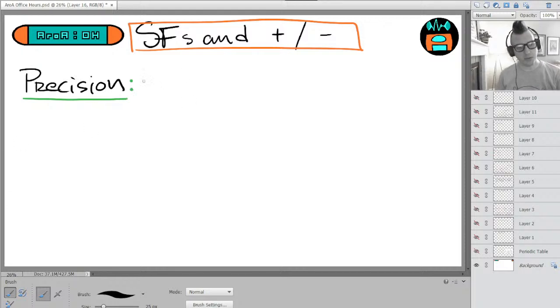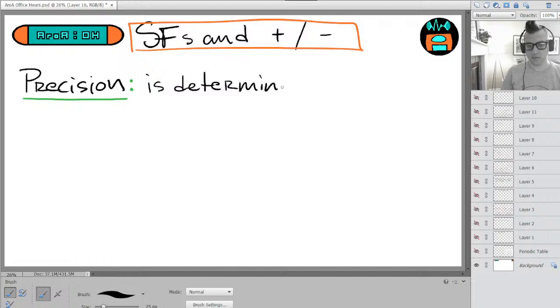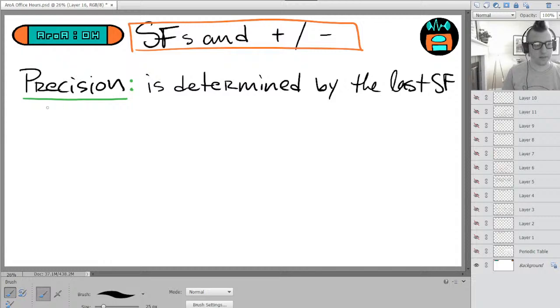All right. And precision, the precision of a number, is determined by the last significant figure in the number.